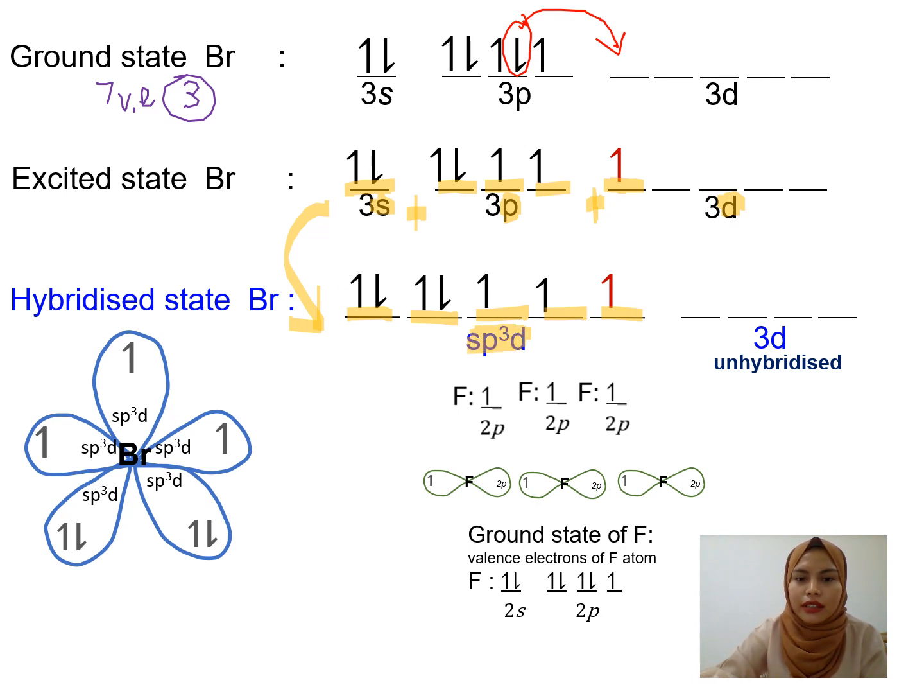Okay, di mana yang 2 pasang yang lengkap elektron pair ni akan act sebagai lone pair. Okay, manakala yang 3 single elektron tu dia akan pair up dengan single elektron yang berada di 2p orbital di fluorine supaya dapat form 3 sigma bond. Okay.